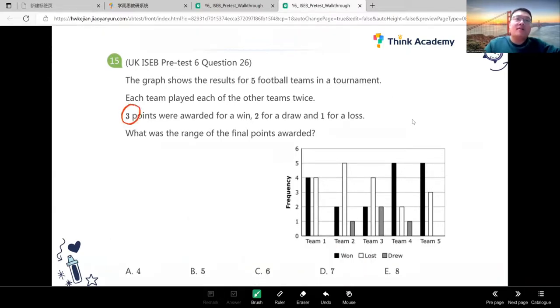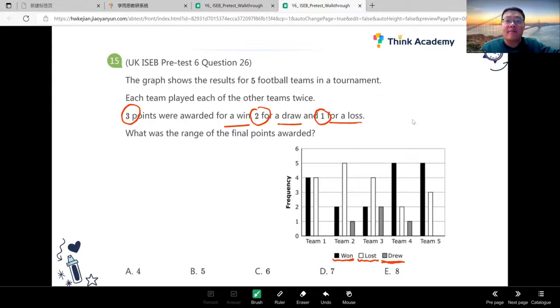It says 3 points for a win, 2 points for a draw, and 1 point for a loss. This dark one means a loss with 1 point, the blank is a win, and the gray is the draw. So now we are ready to get the full marks of each team.